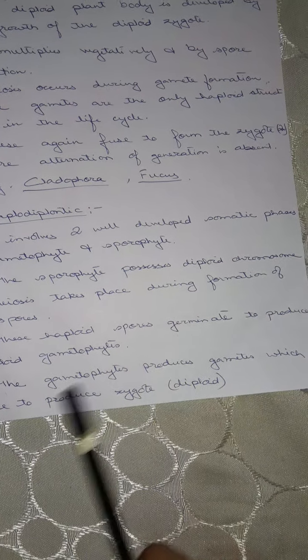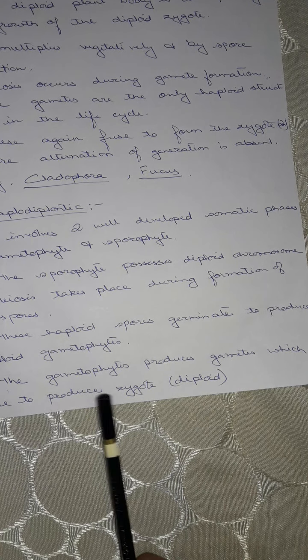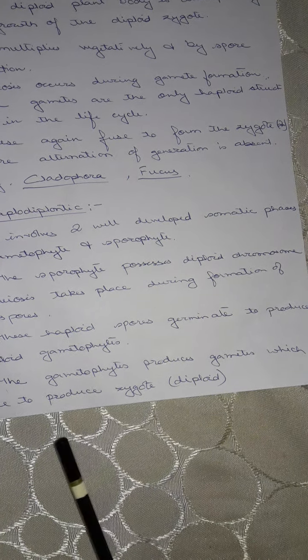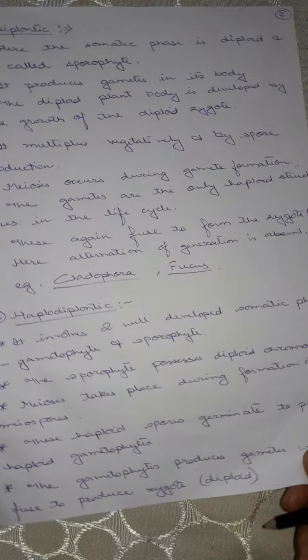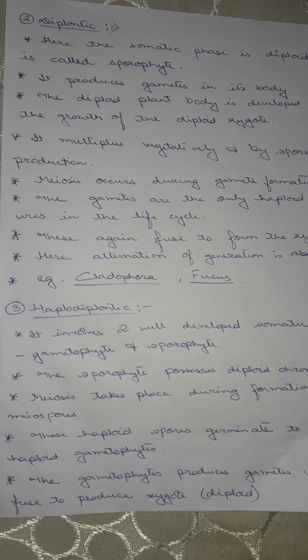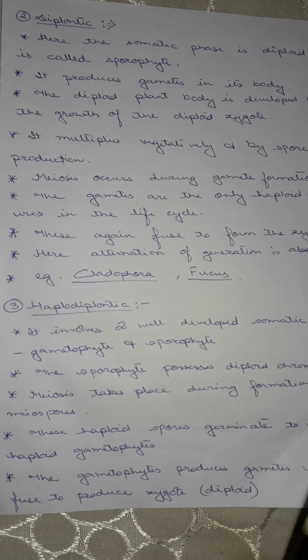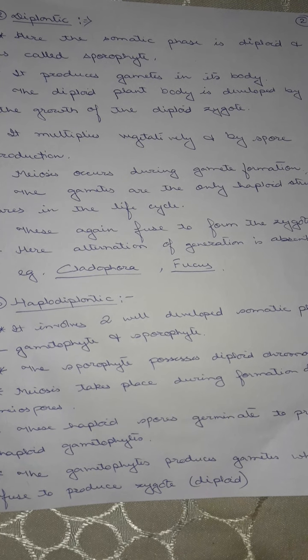These spores will germinate to form the haploid gametophyte. And the gametophyte will ultimately develop gametes which fuse together to form the diploid zygote. So both the haploid and diploid phases alternate with one another. So the proper alternation of generation is observed in the haplodiplontic life cycle.